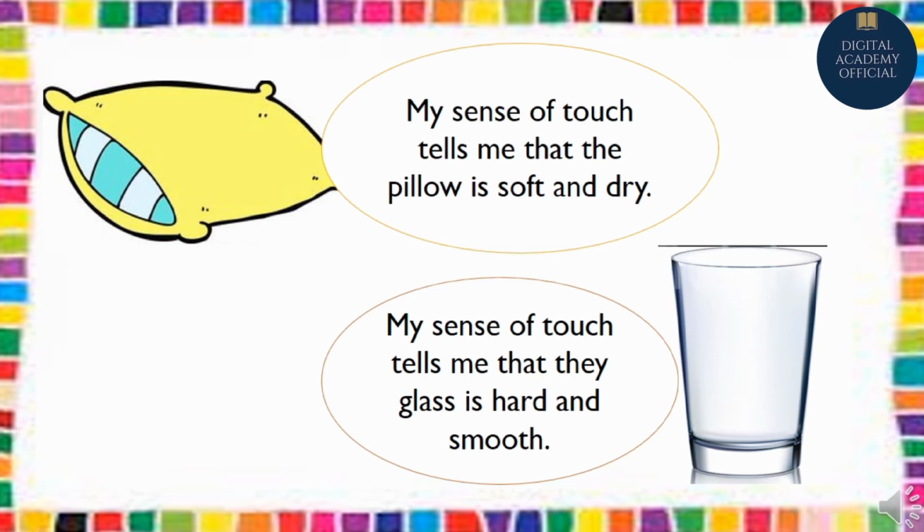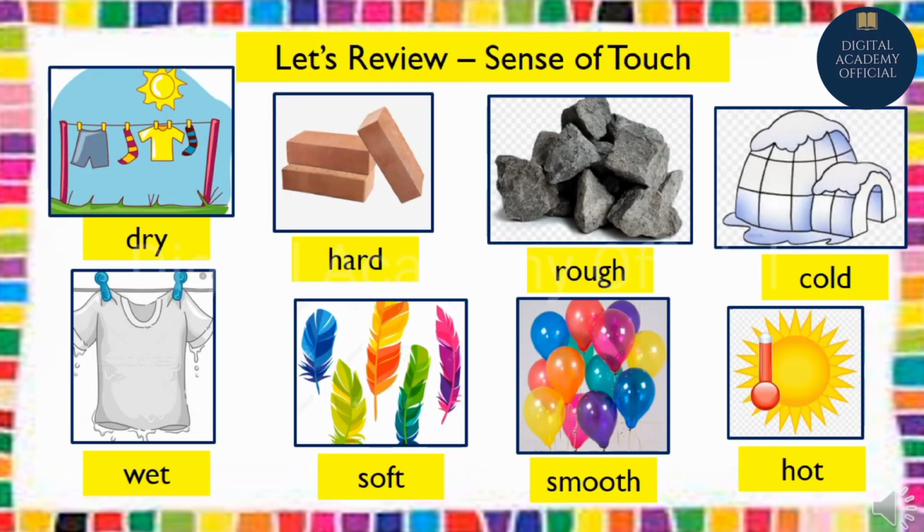What about a glass of water? Try touching it. Is it soft or hard? It is hard and smooth. Your sense of touch helped you to know that. Now let's review what we got to know about the surfaces and textures of different things by using our sense of touch.